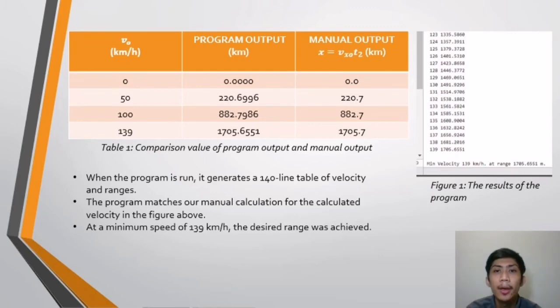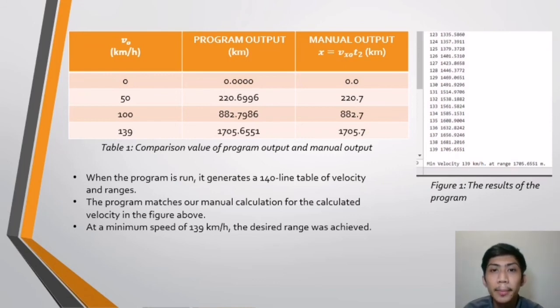As you can see, there is only a slight difference between the values of program output and manual output. This is because we round off to the closest integer when we compute manually, as we only use up to 2 decimal places.